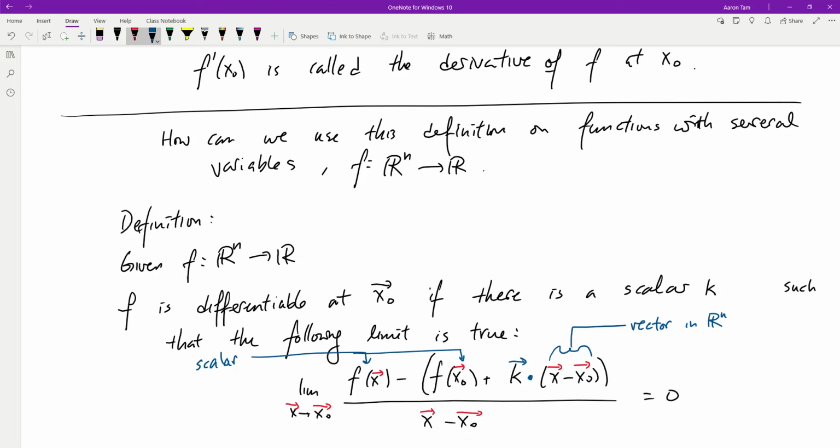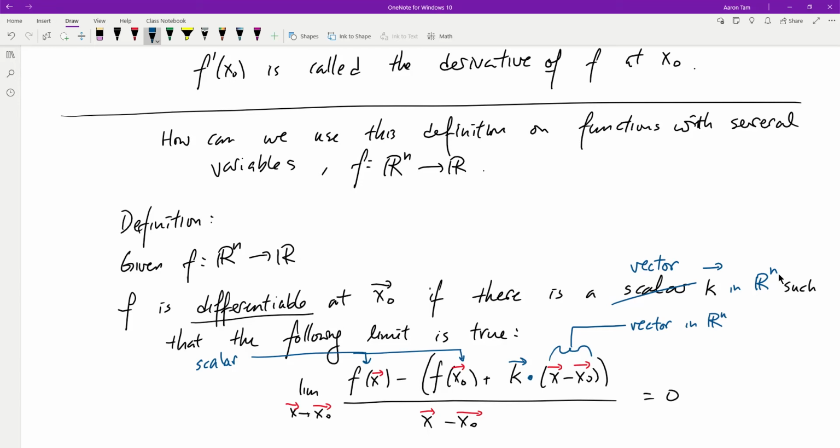So I'm going to have to amend my statement. It's actually: f is differentiable if we have a vector k in Rn such that this limit is true.